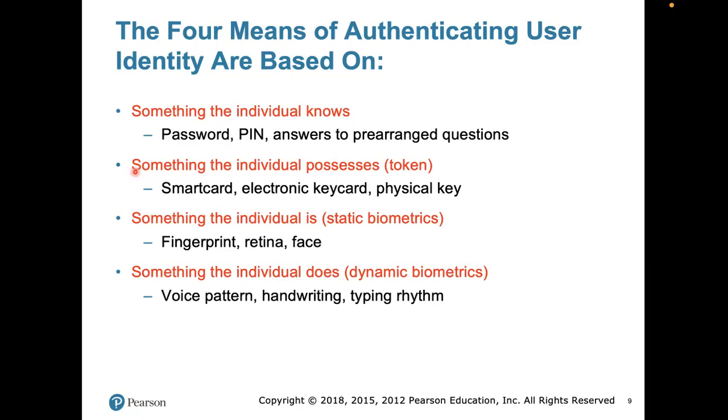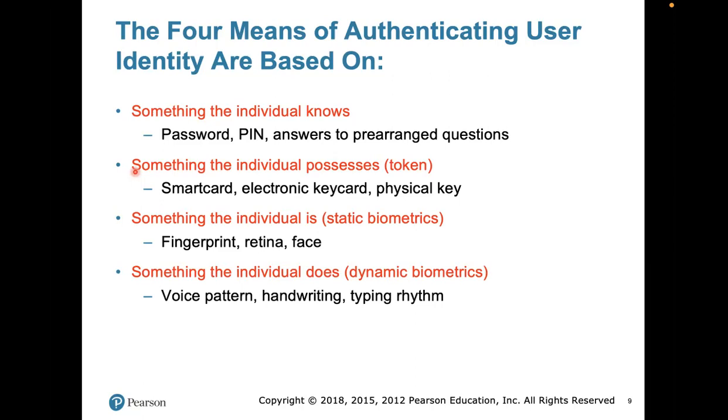When you go to, for example, Walmart and you want to purchase something, you insert or swipe your credit card, and that credit card itself works as a token, and it helps the system to authenticate you. So it might be a smart card, electronic key card, physical keys. These are all examples of objects that the individual possesses.